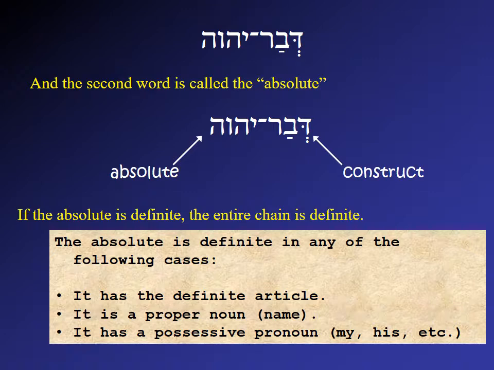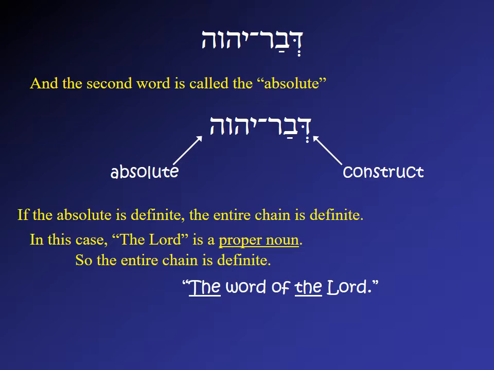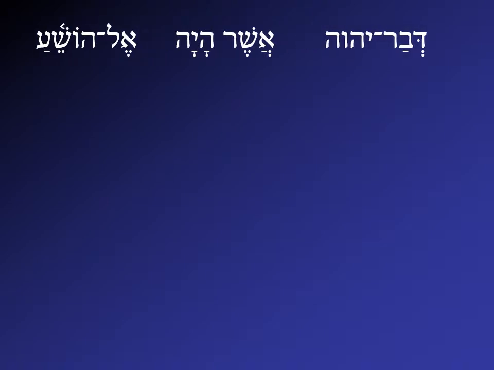So if the absolute is definite in one of these ways, then the construct will also be definite. So in this case, Adonai, the Lord, is a proper noun, therefore it is definite, and therefore we translate the word of the Lord. Alright, so Devar Adonai Asher Haya El Hoshea, the word of the Lord.